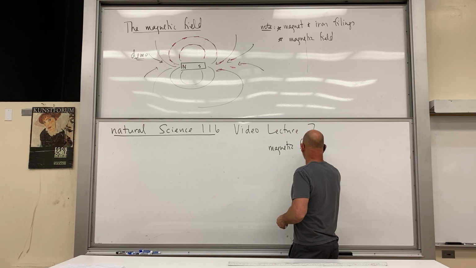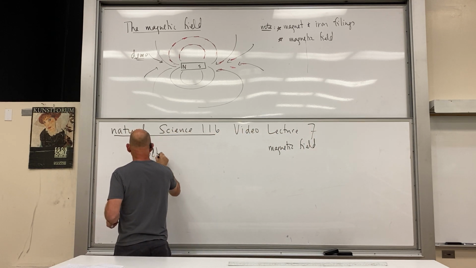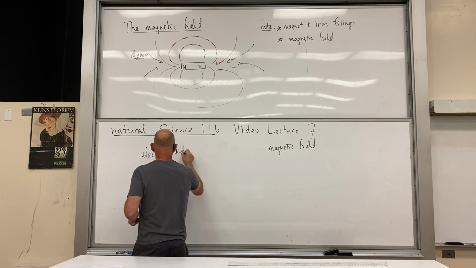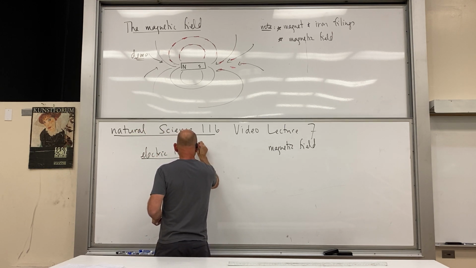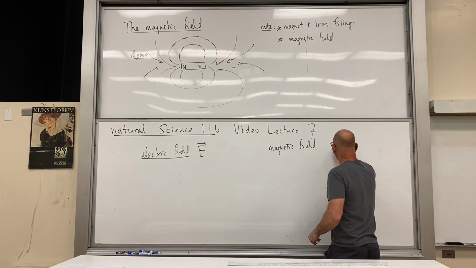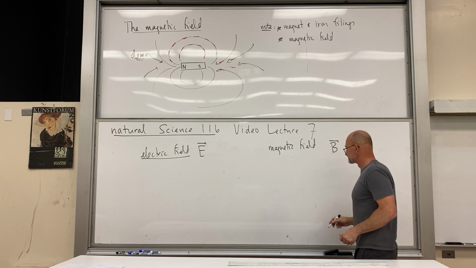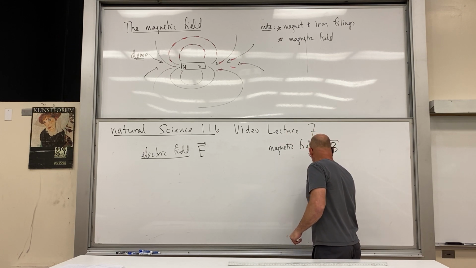So we've got the magnetic field on this side, the electric field on this side. This one we call E, and it's a vector, and this one we're going to call B, and it's a vector.